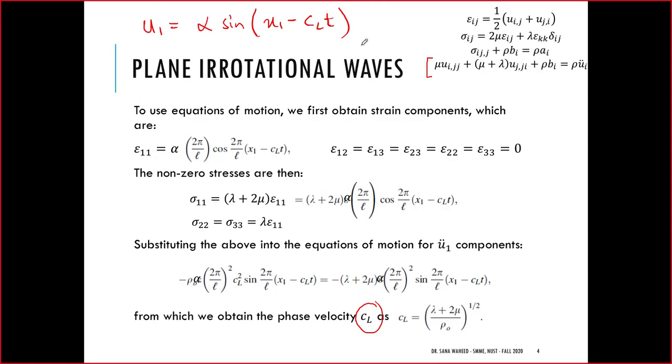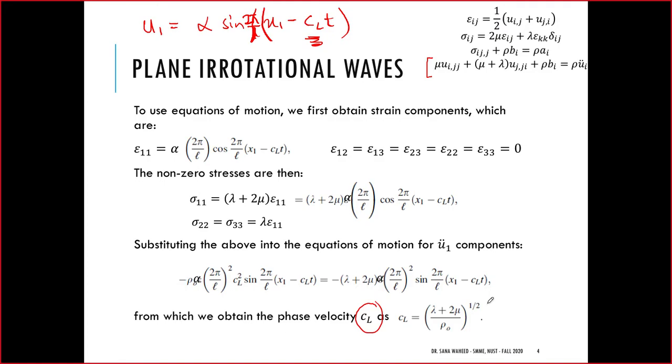Oh, sorry, I forgot the 2 pi divided by L here. So if we are trying to make this wave equation fulfill the Navier-Lame equation, then we are able to figure out that this wave speed must be equal to this for this wave to be traveling through the linear elastic isotropic solid.